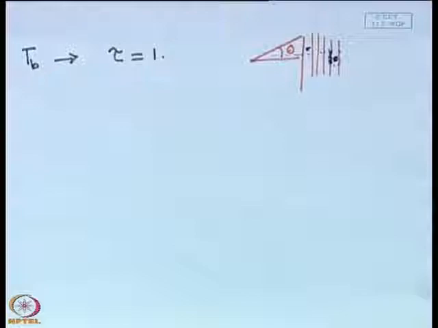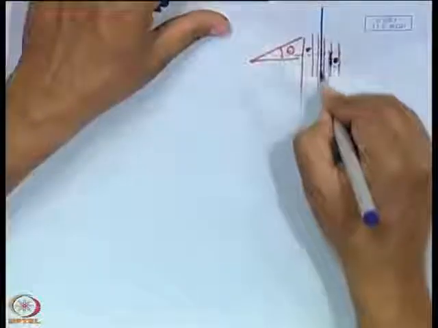Okay, so when you are looking at a medium that has temperature gradients and things like this, you will see the radiation from the region where the optical depth is of order unity.